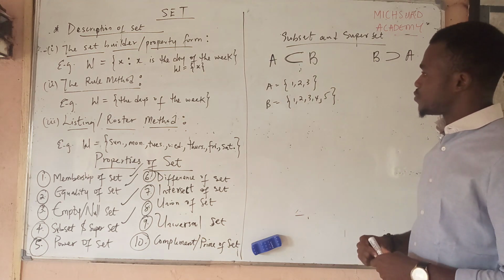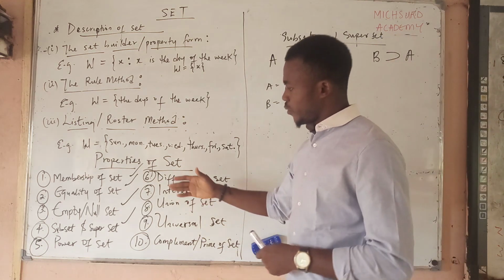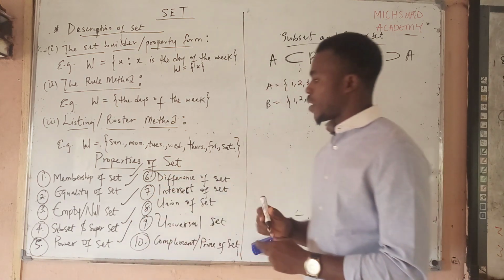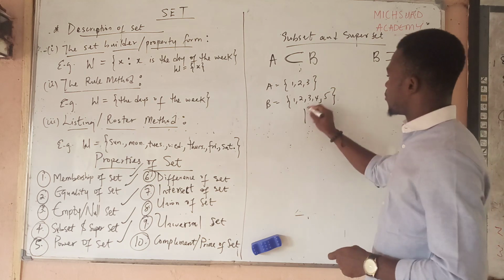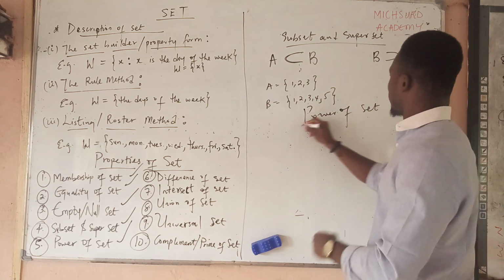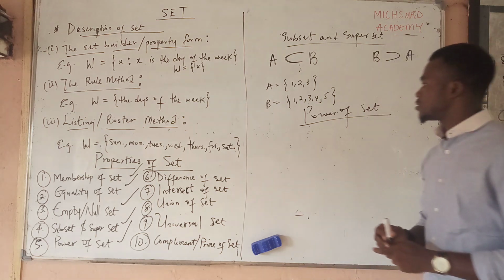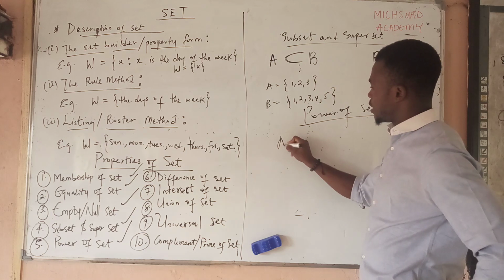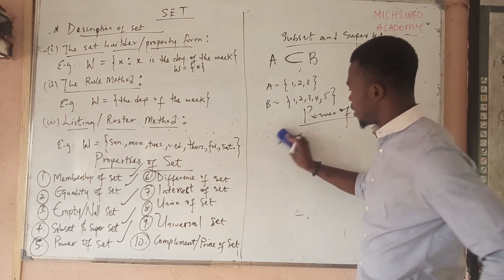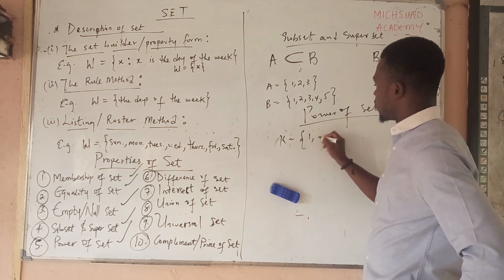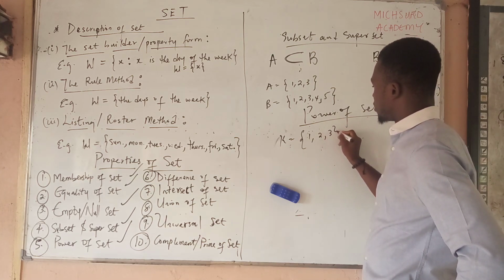Alright, so if we also look at the next one, it is the power set. So for the power of sets, we have that if we look at a set, let's look at the set K. Let's go to set K and say that set K is the set of elements 1, 2, and 3.